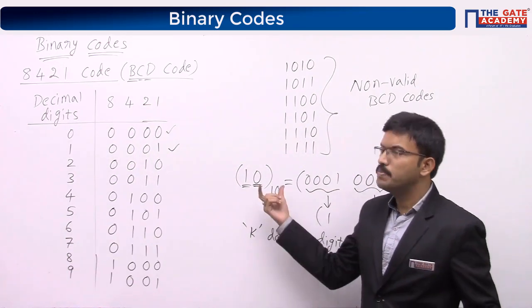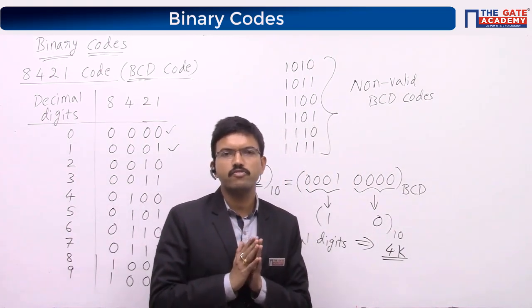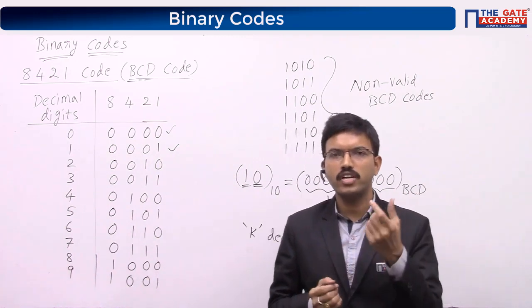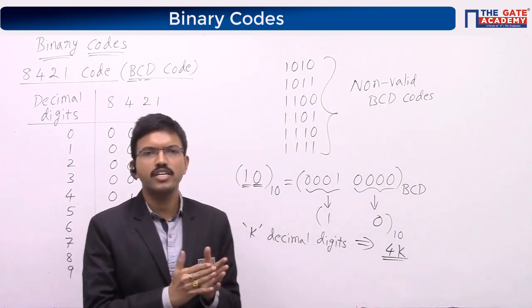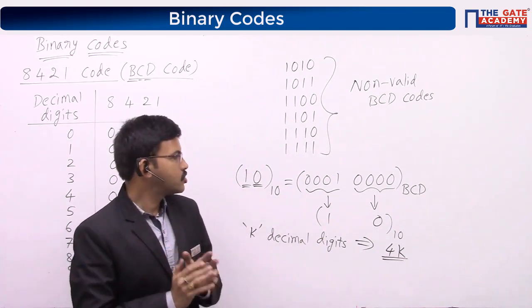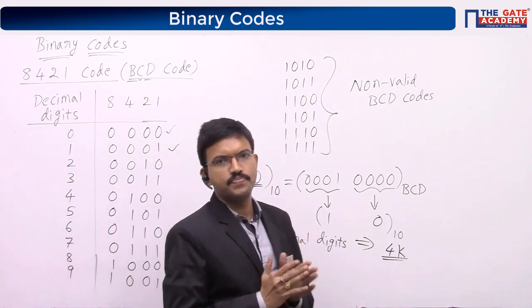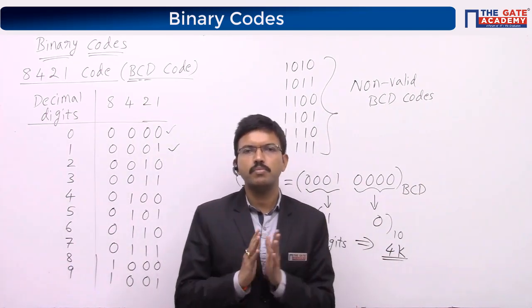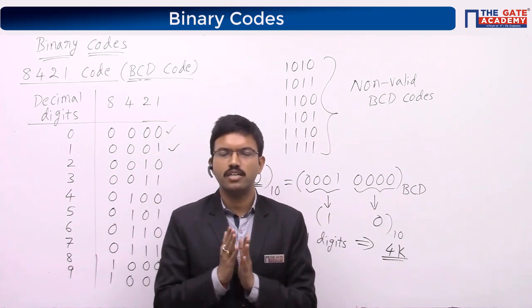The purpose of BCD code is that whenever users or programmers perform operations and want to represent the resultant value from the computer in decimal, in binary format they have to convert. If there are more bits, just by looking at the number you cannot say the equivalent decimal number.